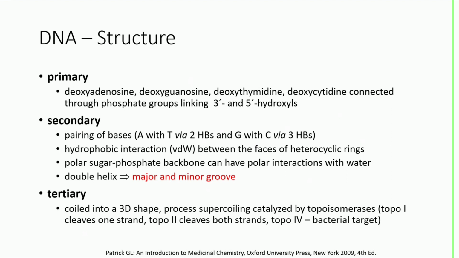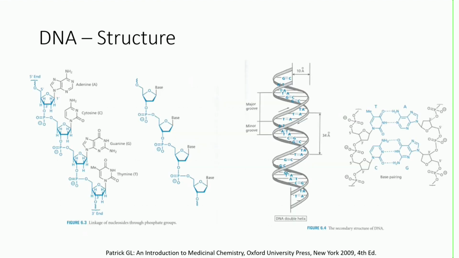And there is also some tertiary structure, which is coiling of the secondary structure catalyzed by topoisomerases. These are enzymes that can also be targets of drugs, for example, some anti-cancer or antibacterial agents.